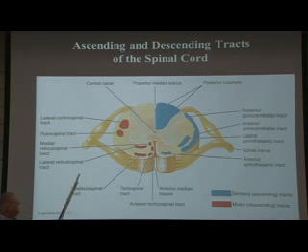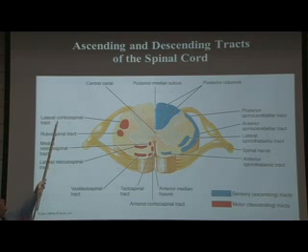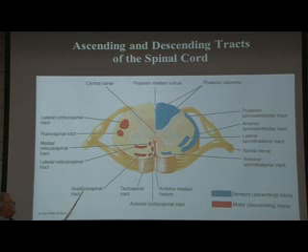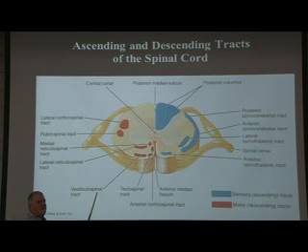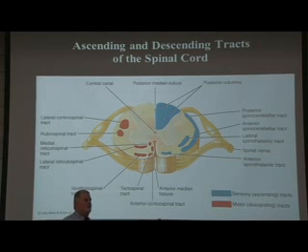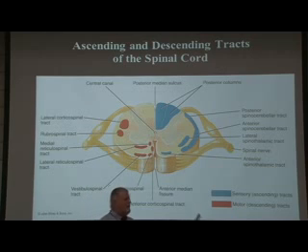Now what's amazing is the motor tracts are all named from where they start in the brain. Cortico for cerebral cortex, rubro for the red nucleus, reticulo from the reticular activating system, and vestibulo from the vestibular area. But they're all going to end in spinal, because they're all going to terminate in the spinal cord.